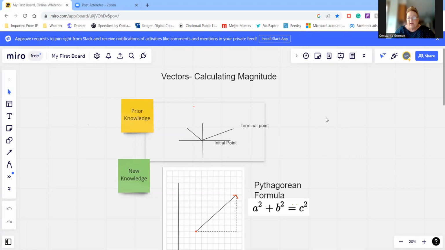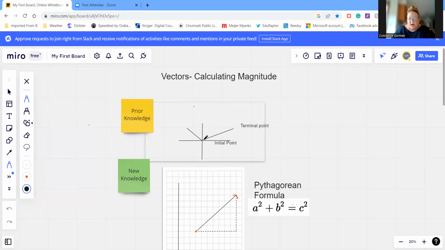So in previous classes, we've had that vectors can be drawn on a coordinate plane, and they're represented by rays. So let's get started here.